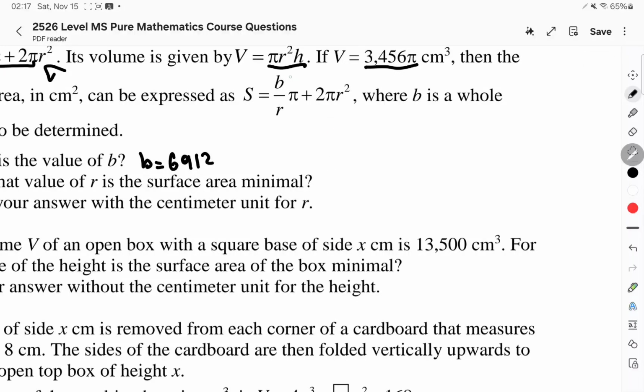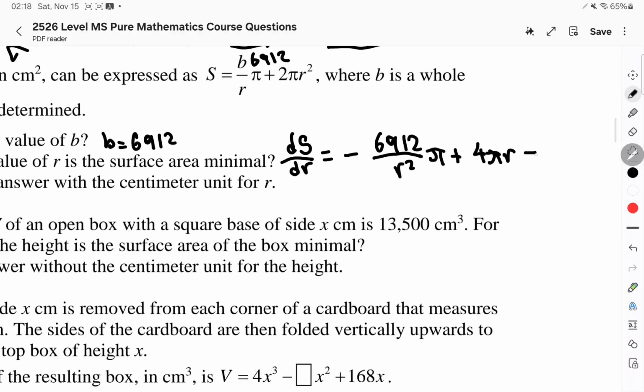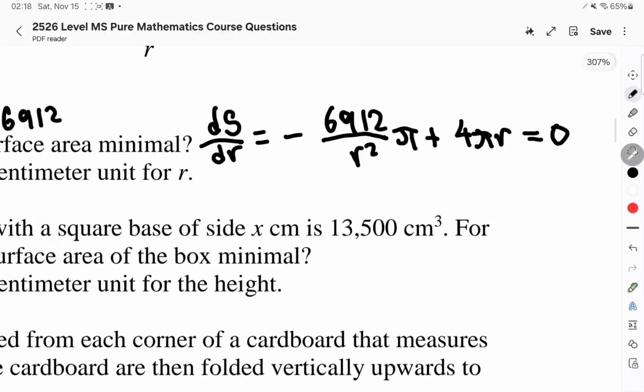We'll just write this as 6912 instead of b, and that means that ds over dr, the derivative of surface area, is equal to minus 6912 over r squared pi plus 4 pi r, and we must set it equal to 0.